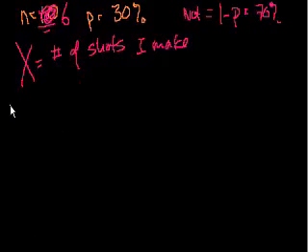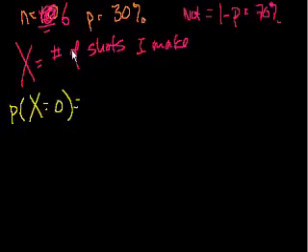What is the probability that x is equal to 0? So I make no shots at all. I take 6 shots, and every shot I take I miss. So in order for that to happen, this event has to happen 6 times in a row. Something with a 70% probability has to happen 6 times in a row.